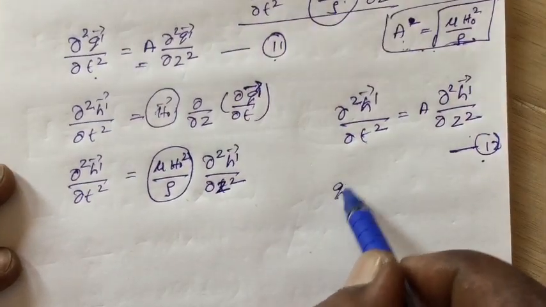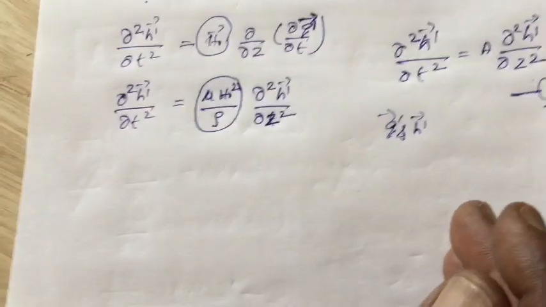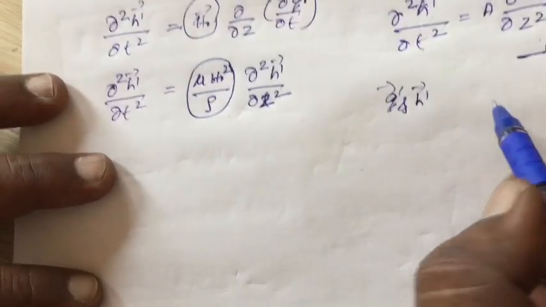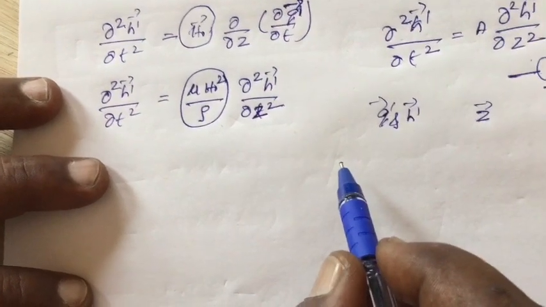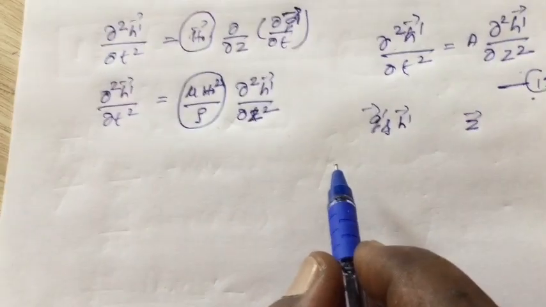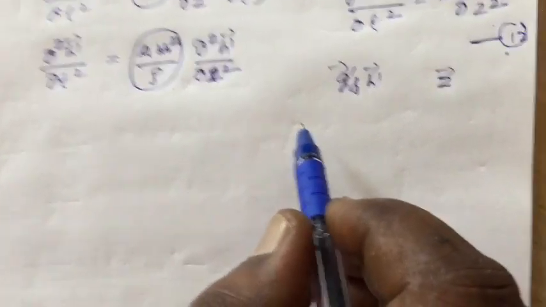And q dash and h dash propagate as waves in the direction of z, meaning in the direction of the magnetic field.